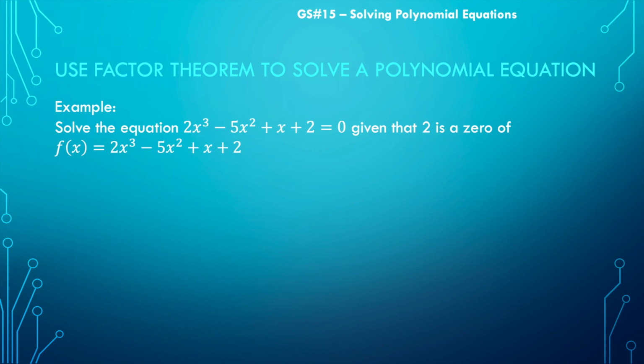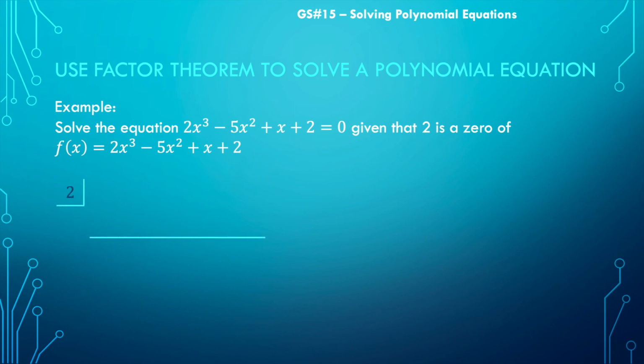What that does for us is it allows us to break down this cubic function into a linear piece and a quadratic piece. The linear piece is going to be the divisor, x minus 2, and when we divide that through, we will find the quadratic piece.